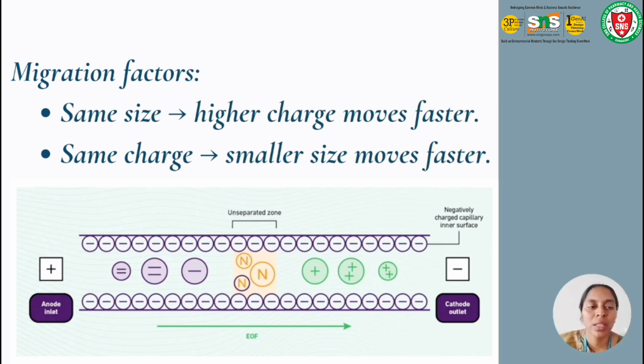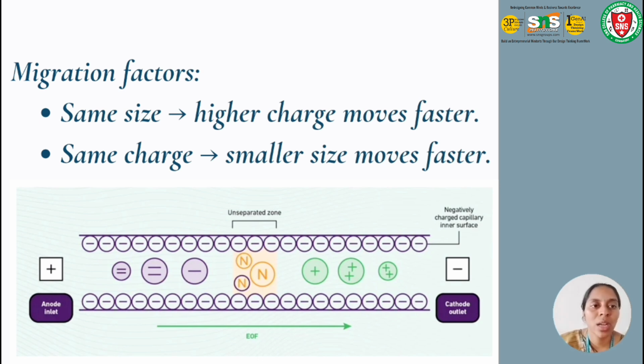You can see that in the diagram given below. On the right side, towards the cathode outlet, we have positively charged components. The first one is a smaller one with 2 positive charges, the second one is a larger one with 2 positive charges, and the final one is a larger one with 1 positive charge.